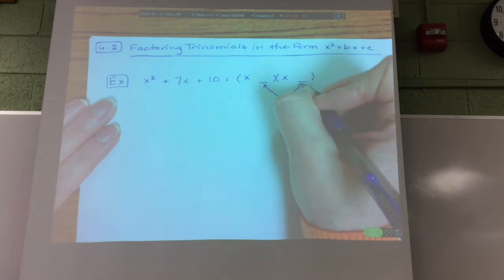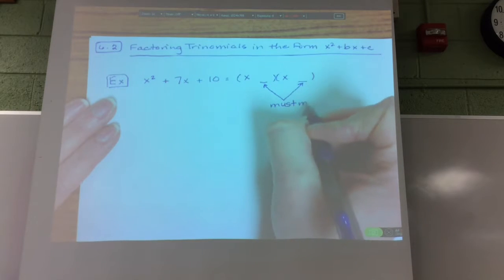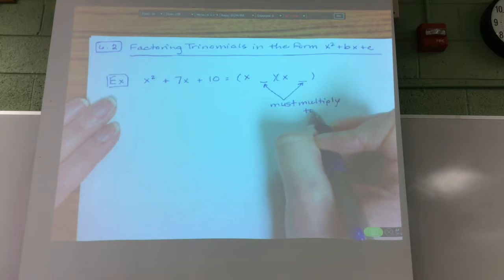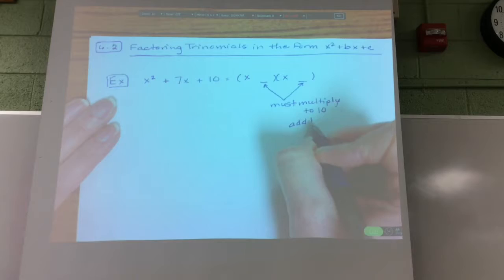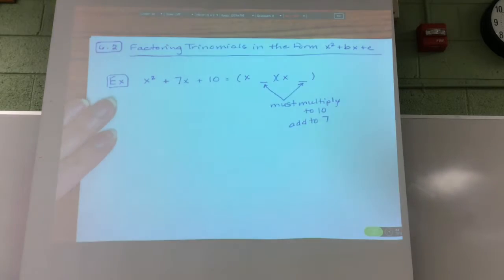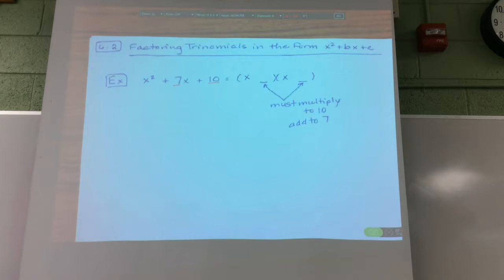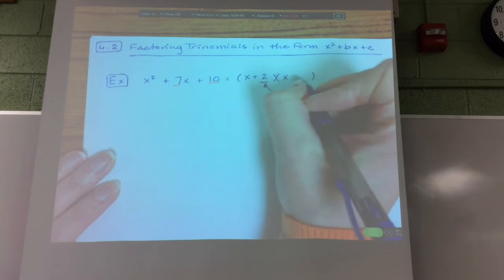So these must multiply to 10 and add to 7, and the 10 and the 7 come from here. That gives you 2 and 5. And in fact, it's positive 2 and positive 5. So we have plus 2 and plus 5.